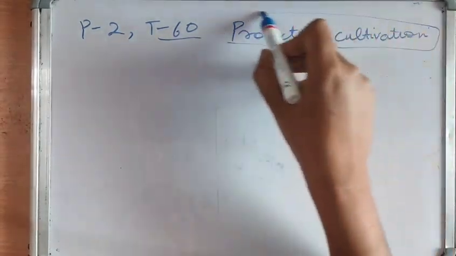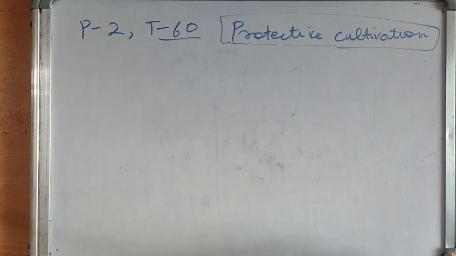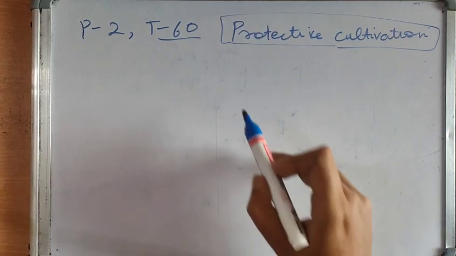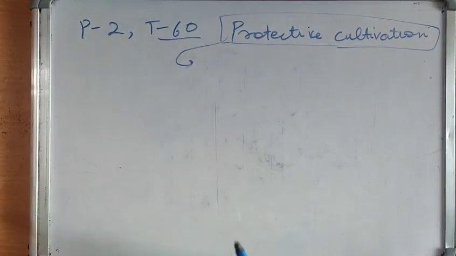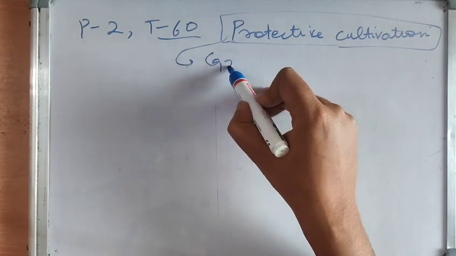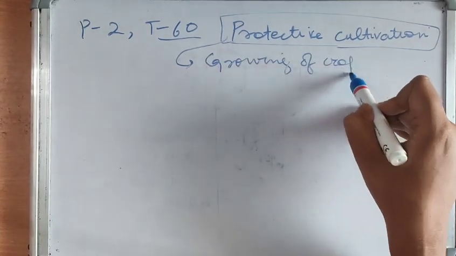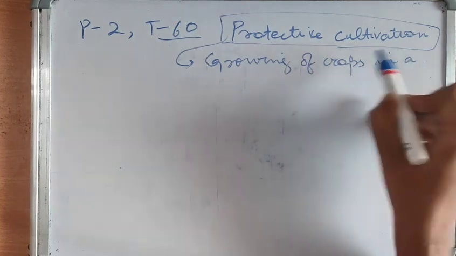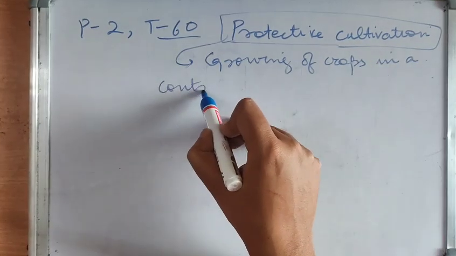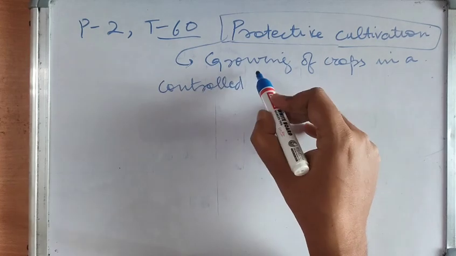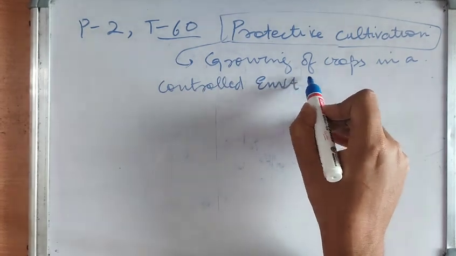So what is protective cultivation? It is growing of crops in a controlled environment.